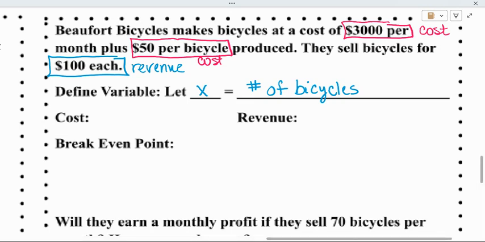Cost equation. Eden S, what do you think? What's our cost equation? C equals what? Good job. 3,000 plus 50x. Awesome.